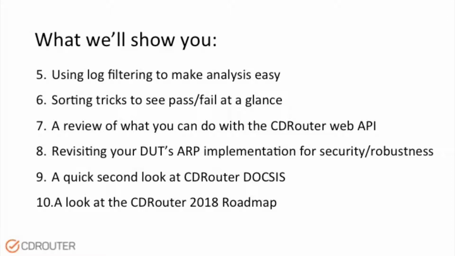And in our most recent release, we put out some new ARP tests, and that was because of some investigative work by our team that revealed some interesting stuff that we'll go over. We'll take a second look at CDRouter DOCSIS and how it can help. And then last but not least, we'll take a look at the 2018 roadmap and the stuff that we're looking forward to in the future.